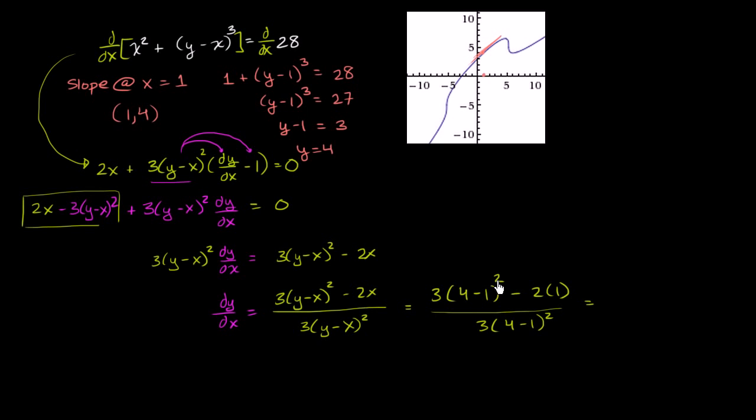You square it, you get 9. 9 times 3 is 27. You get 27 minus 2 in the numerator which is going to be equal to 25. And then in the denominator, you get 3 times 9, which is 27. So the slope is 25/27.